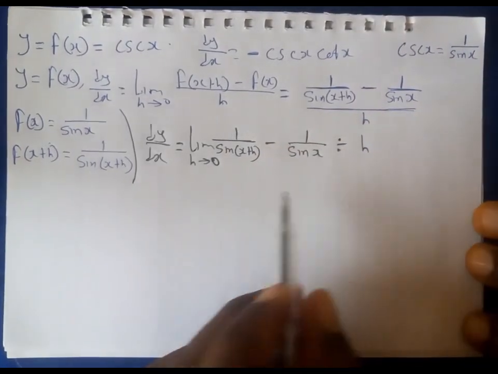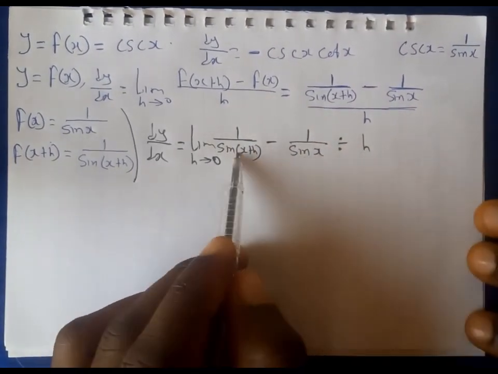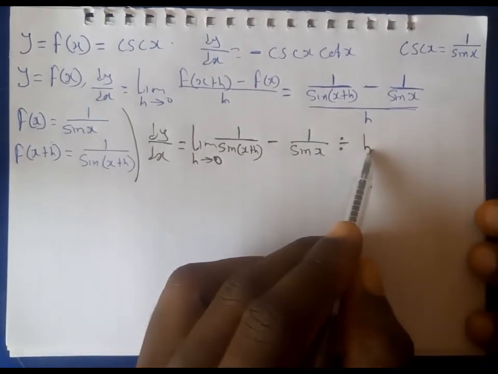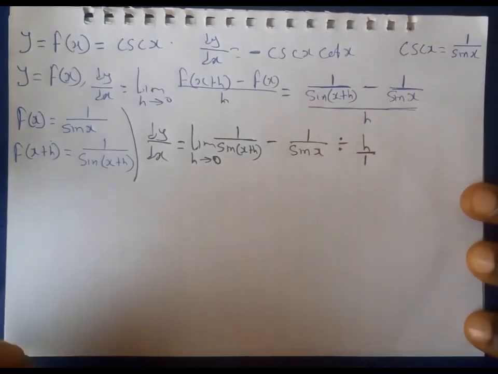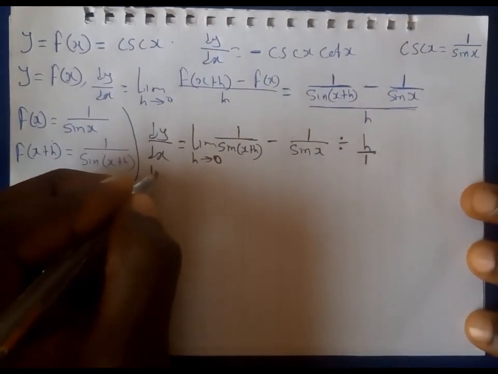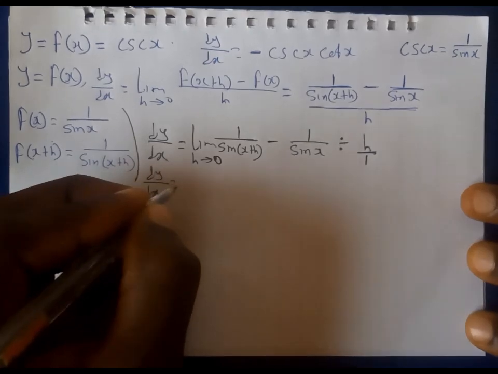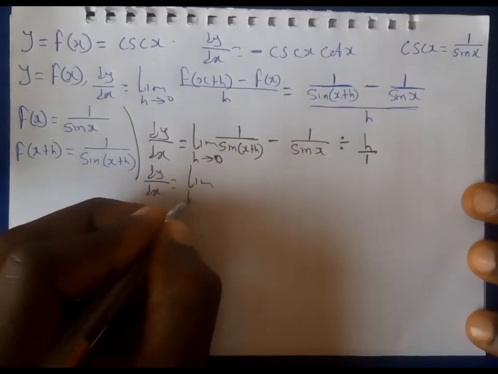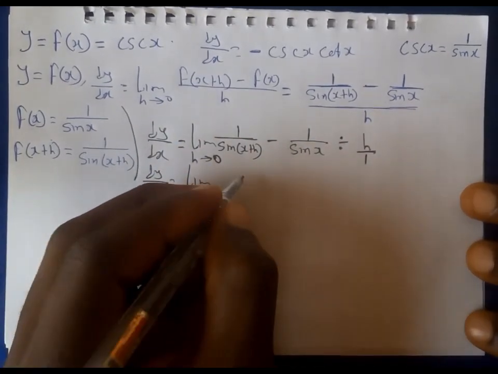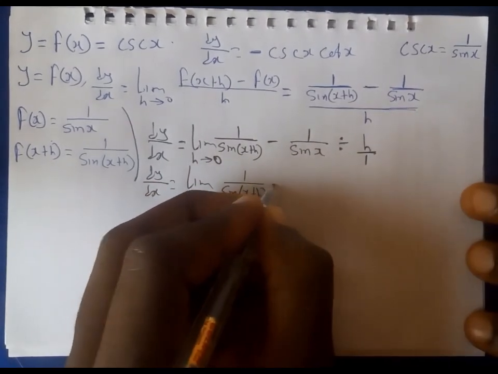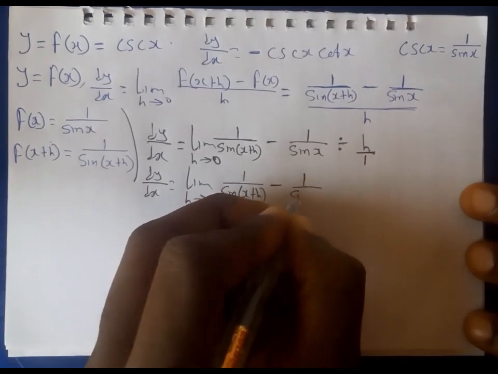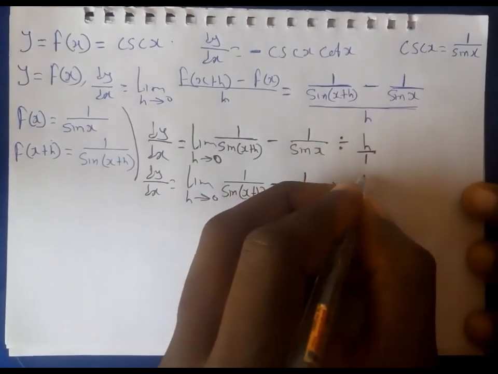Now we can use the method of keep, change, and flip. We keep this entire expression, change this one to a product, then flip this one, just as if we are having h over 1. When we flip it, it becomes 1 over h. So therefore, dy/dx becomes the limit as h approaches 0 of 1 over sine x plus h minus 1 over sine x, then times 1 over h.